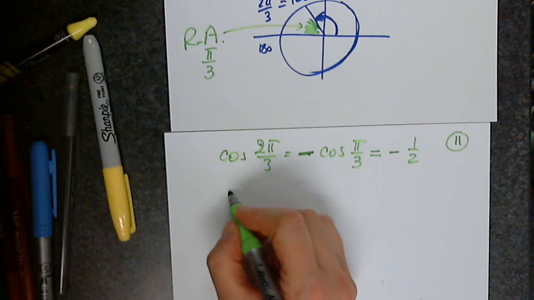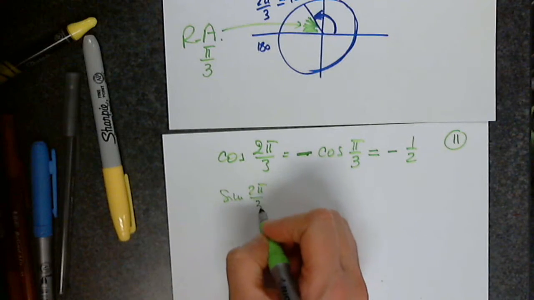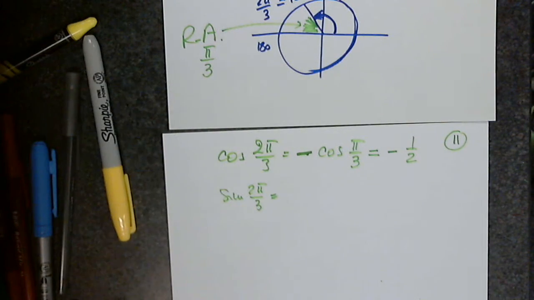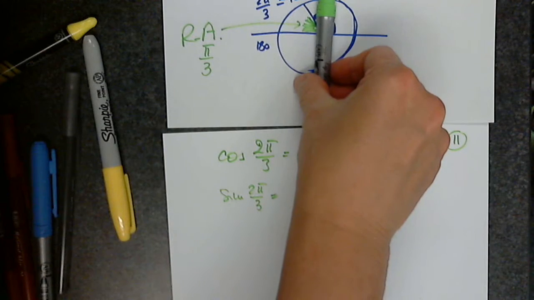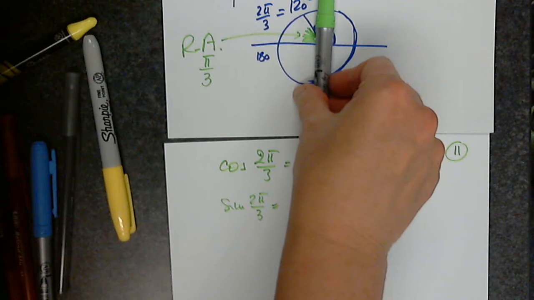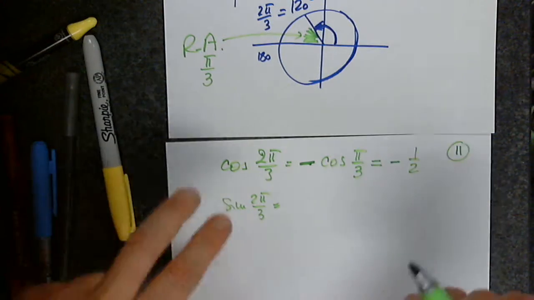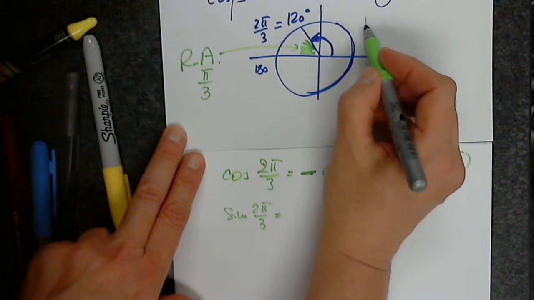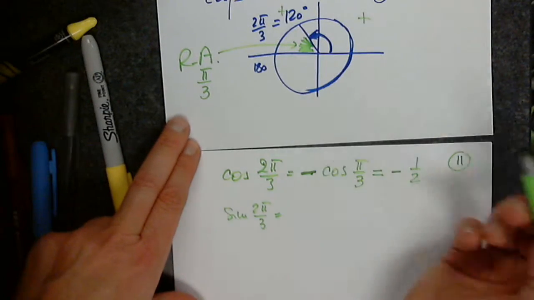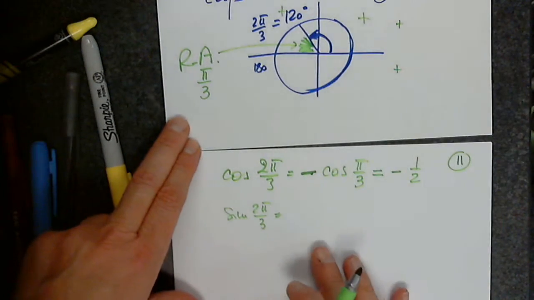Now, can I determine sine 2 pi over 3? Sine is measured on the y-axis, it's the height, it's the opposite. What will be the sign of sine in the second quadrant? Positive, correct? So sine is positive on top, and cosine is positive to the right.